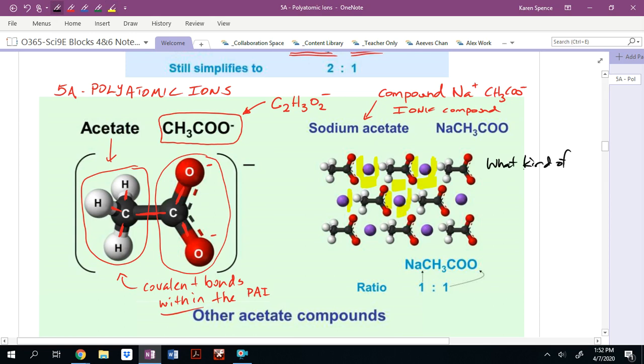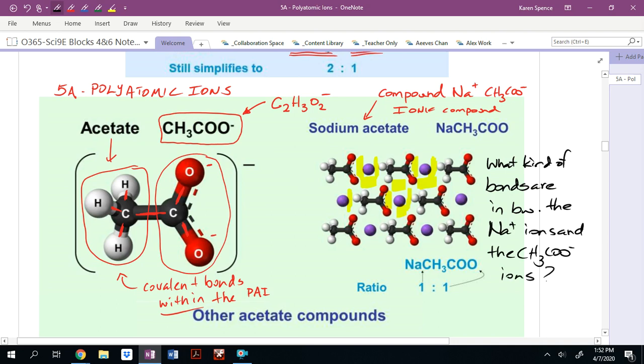What kind of bonds are in between the sodium ions and the acetate ions?